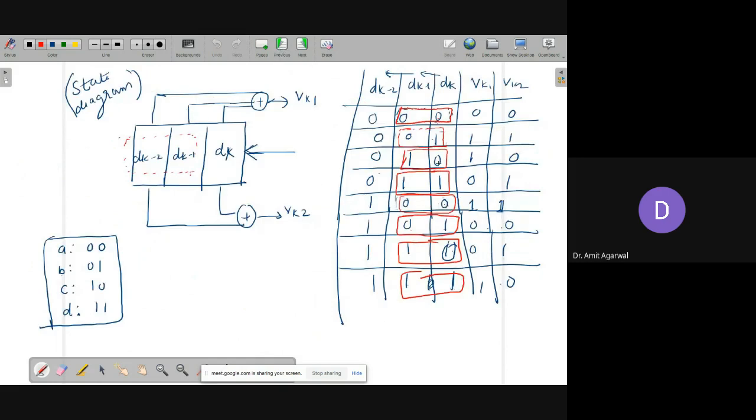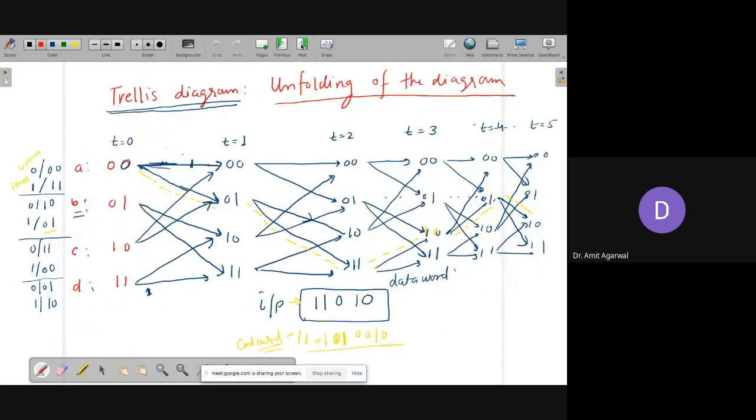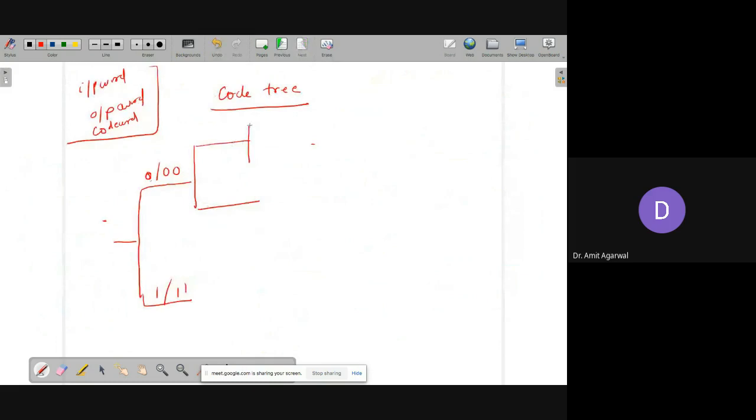Now, if 0 comes, then you are in this stage. 0 comes and 1 comes. When 0 comes, the output is again 0 0. And when 1 comes, the output is again 1 1. Because the states are the previous bits, right? 0 0 only. So this represents state, right?